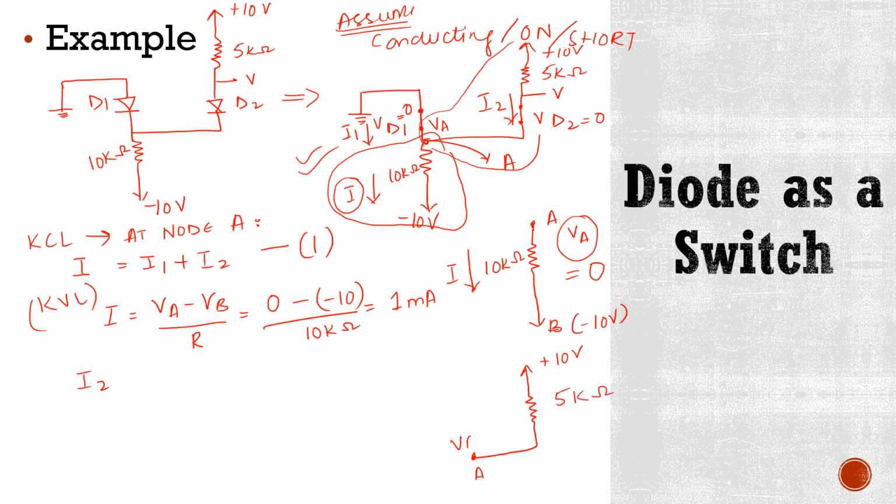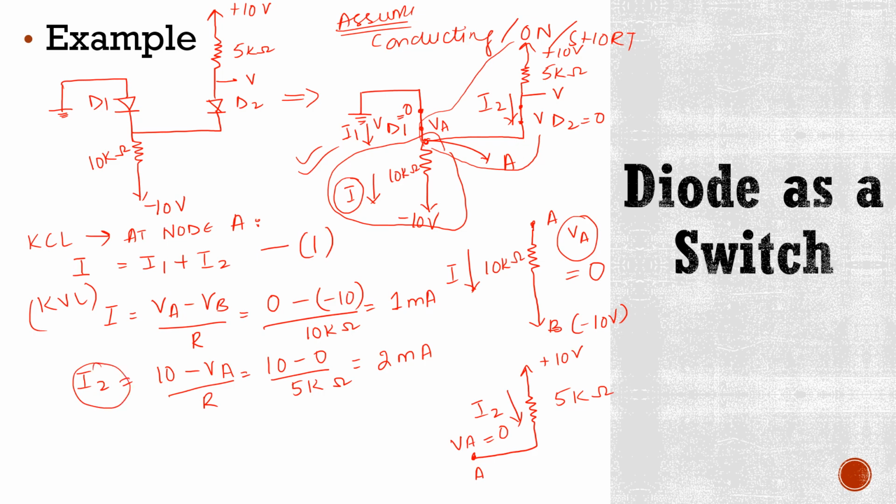Now at node A, voltage is VA, and we know that VA is 0. This is the direction of current I2. So now I2 will be 10 minus VA divided by R, that is 10 minus 0 divided by 5 kilo ohms, and this will give you 2 milliamperes.